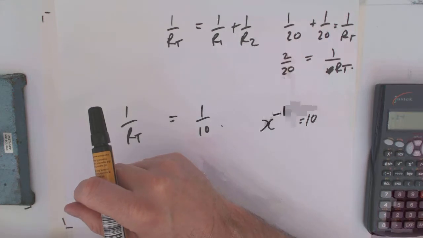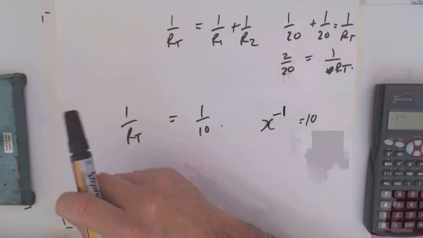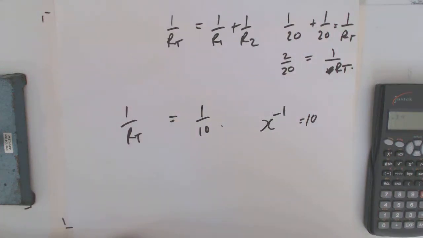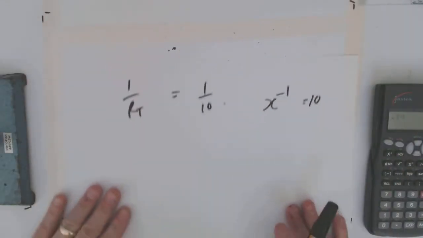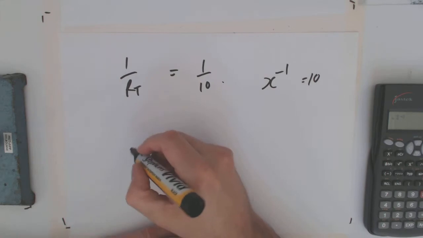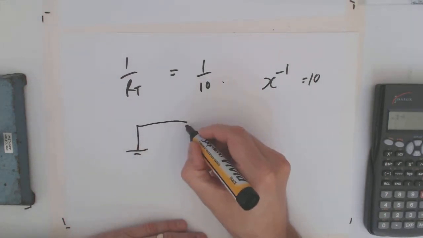Some of the kids in level 1 knew how to do this and some don't, which is why I'm making the video. When you move up to slightly more complicated circuits, you might have one that goes like this.